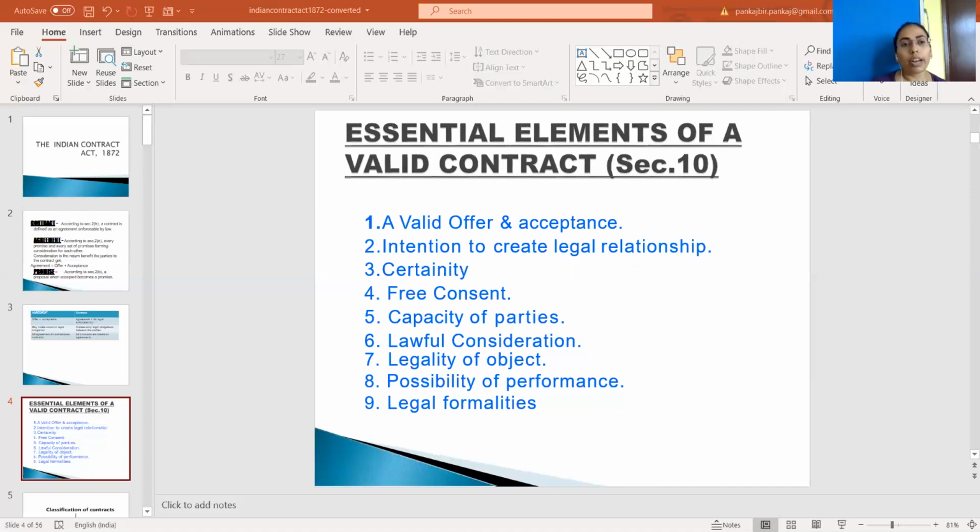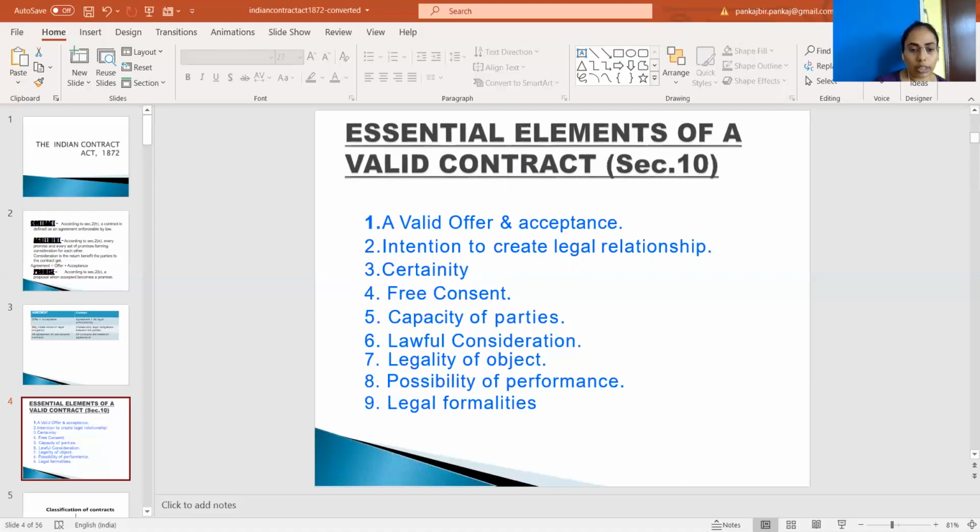Because there are two major elements of a contract: first is agreement and second is enforceability by law. So the central idea of a contract is an agreement. For an agreement, there must be an offer and the acceptance of that offer.